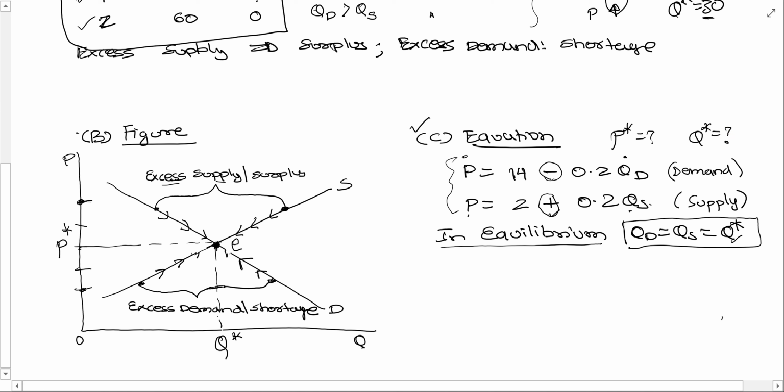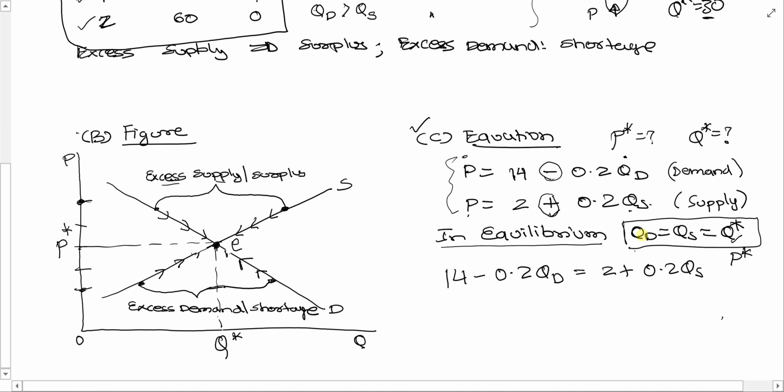And so what is the equilibrium condition? QD is equal to QS. So basically we are saying it has to hold at one price. So it means that 14 minus 0.2 QD is equal to 2 plus 0.2 QS in equilibrium.